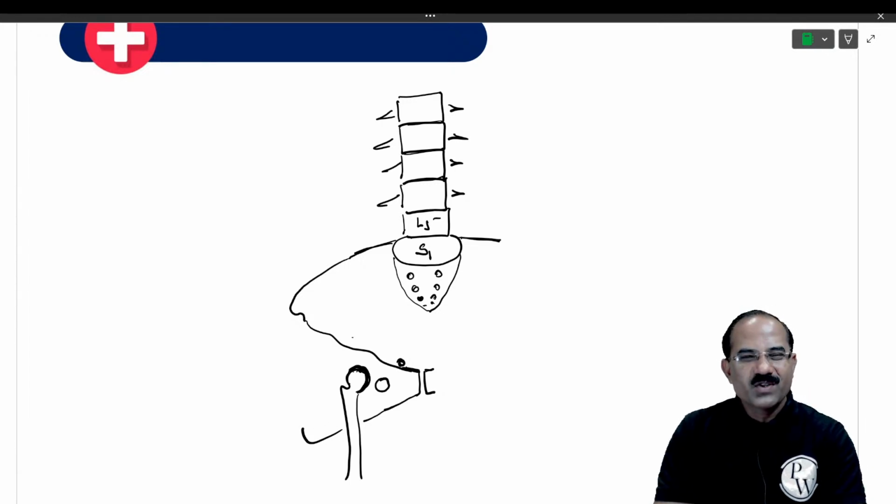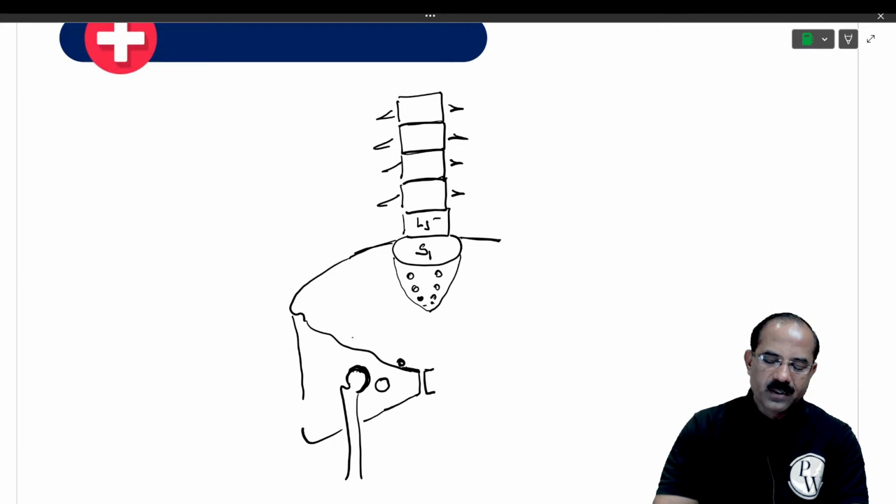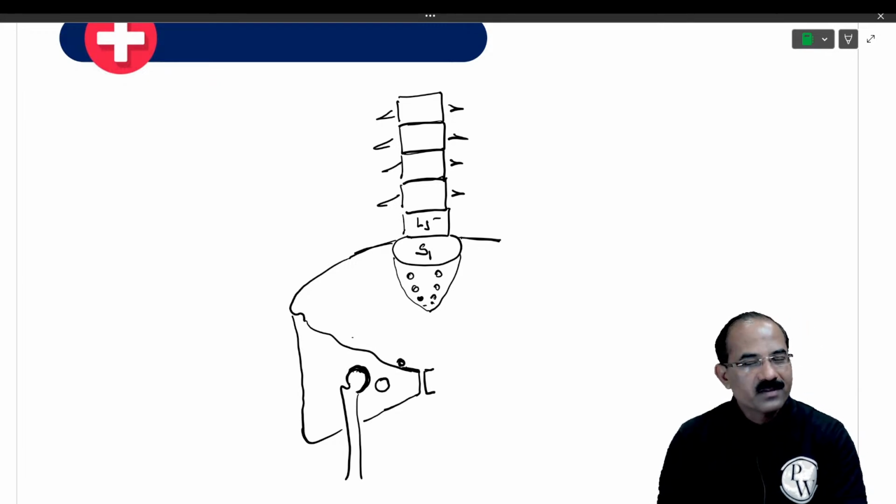This is the conjoint ischiopubic ramus. ये आ गया ischial tuberosity पीछे की तरफ. That's the ischial tuberosity. ठीक है बच्चों?